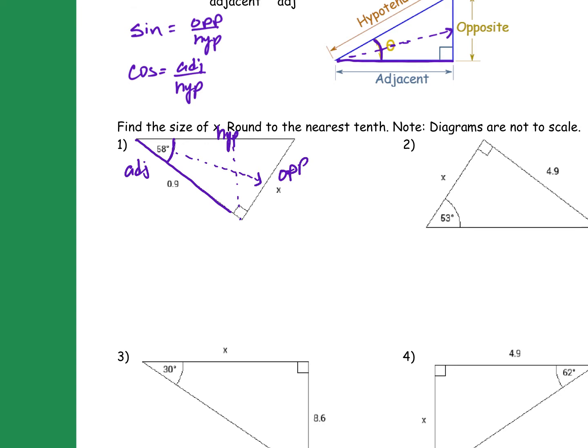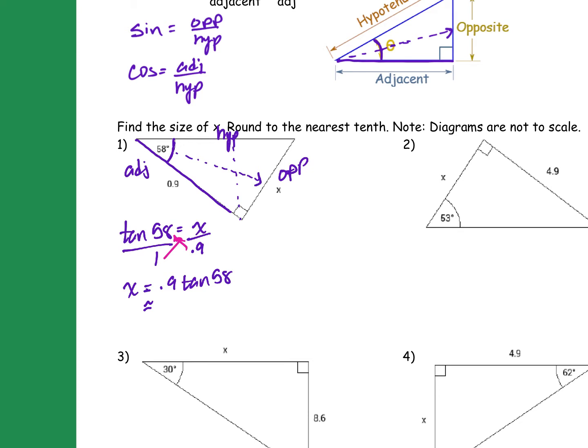And so I'm going to say the side opposite and adjacent is tangent of 58 is going to equal x over 0.9. And then just like with sine and cosine, I'm going to cross multiply. So I get x equals 0.9 tangent of 58.